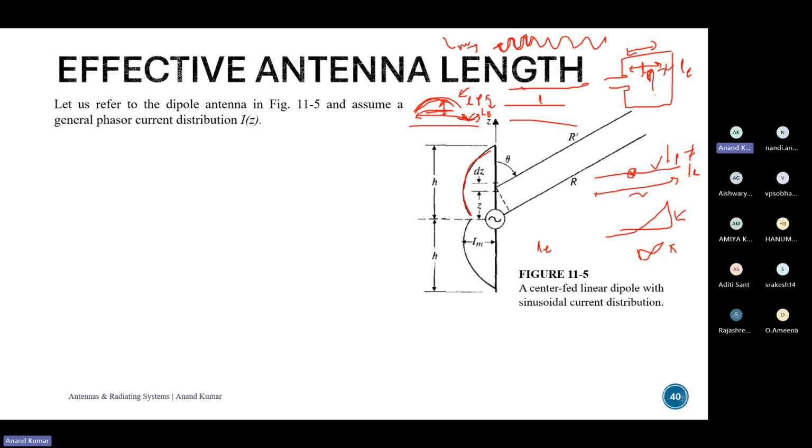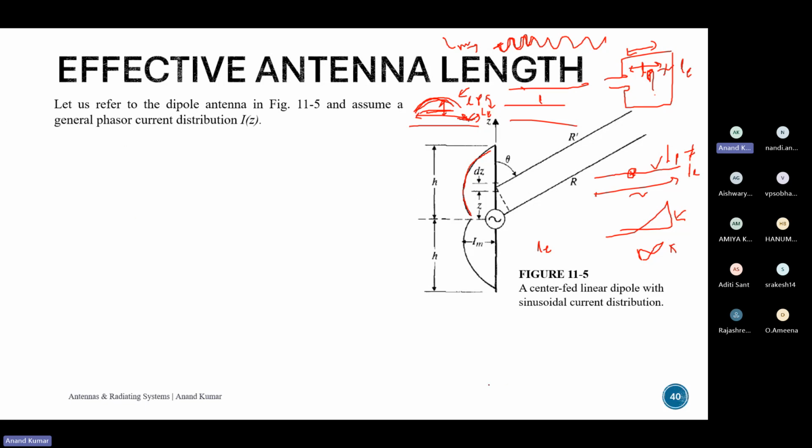Due to the current distribution, the effective length of the antenna would change, and this current distribution is also dependent upon how you design the physical structure of the antenna. For different physical structures, the current distribution on the structure would be different, and hence the effective length would be different.